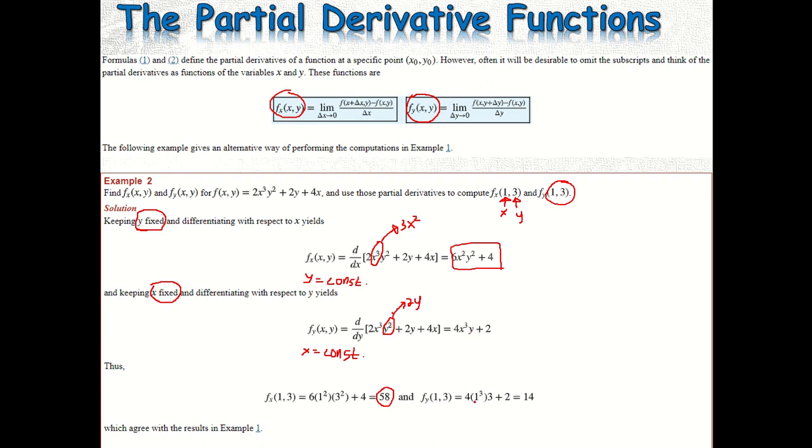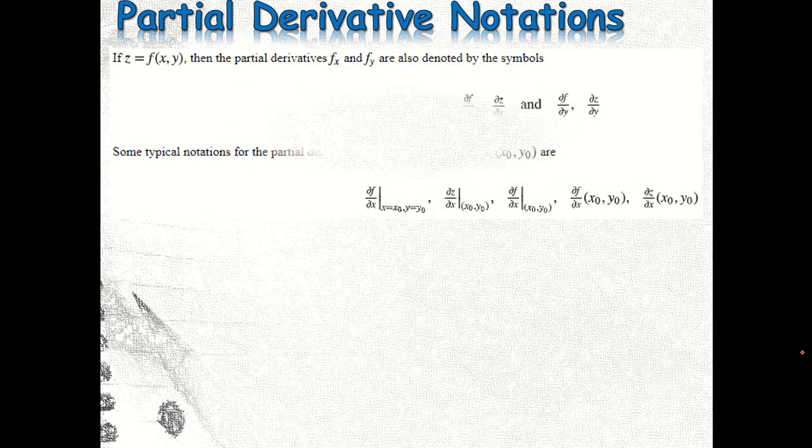So 4 times 1 cubed is 4, times 3 is 12, plus 2 is 14. This agrees with our result in example number 1. So that's another way of solving this problem. Alright, now let's proceed to example number 3.